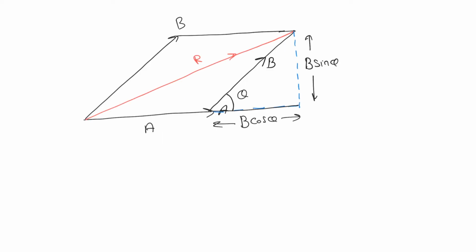Now along with magnitude we need to find the direction also. Let's say this resultant vector is going to make an angle alpha with respect to a, and an angle beta with respect to b. So we can find the value of this alpha and beta. This also we can find from this right angle triangle.